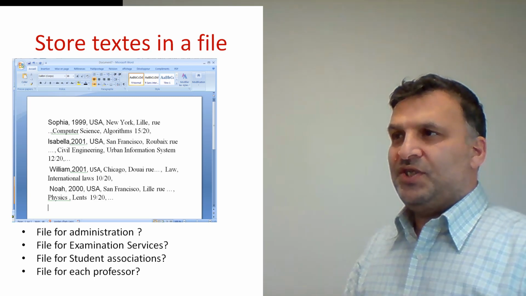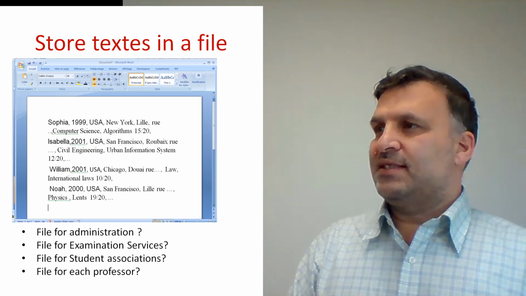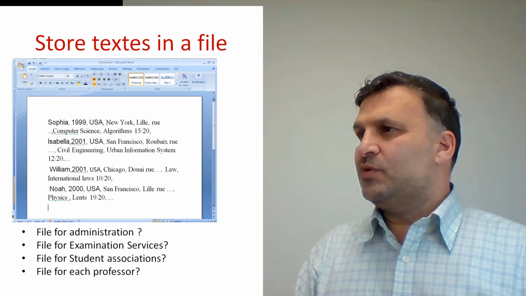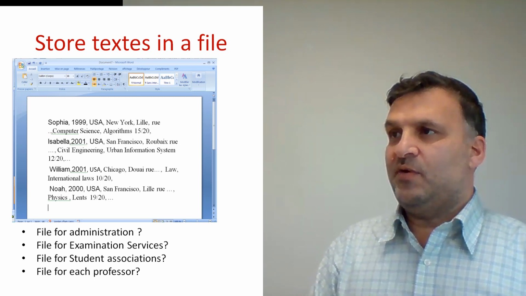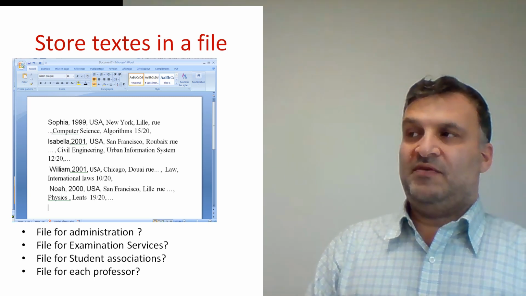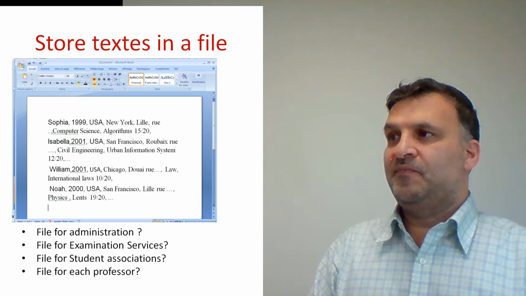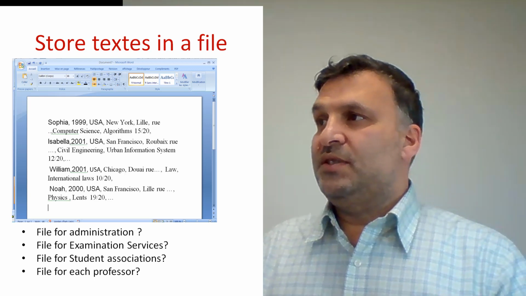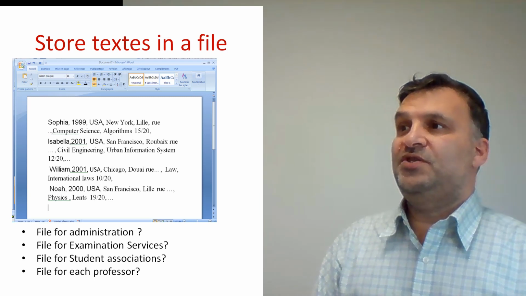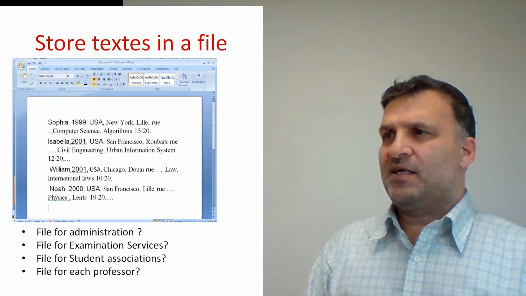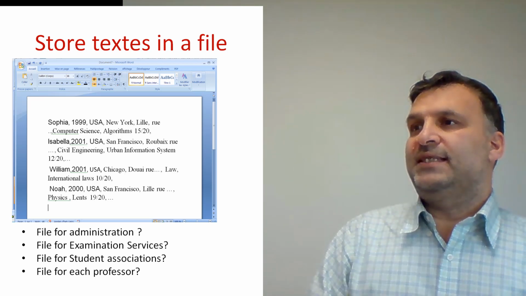She studied algorithms, she is in computer science perhaps, and her mark was 15 out of 20. The second is Isabel, from the USA, from San Francisco. She lives in Roubaix, at a specific address. She studied urban information systems, she is in the civil engineering department, and her mark in this module was 12 out of 20.